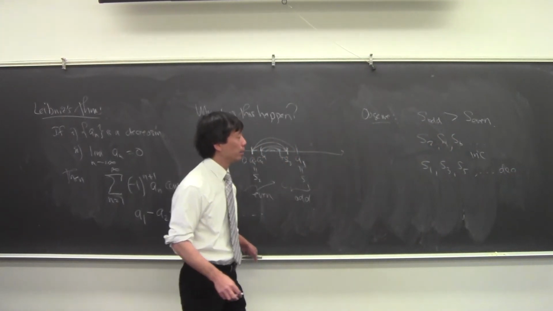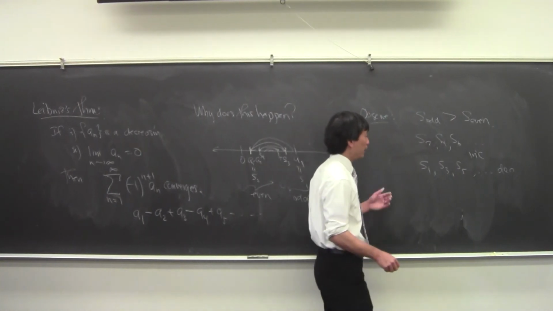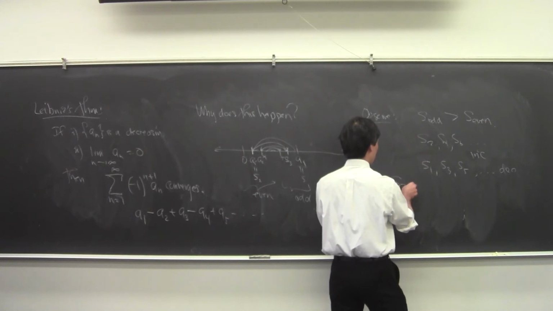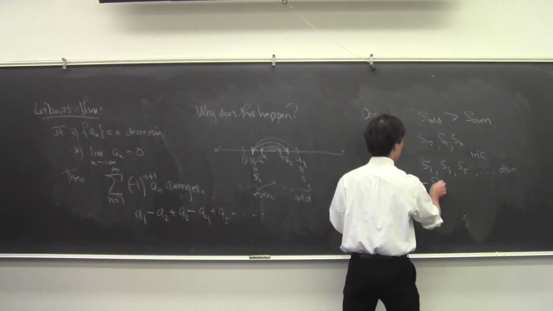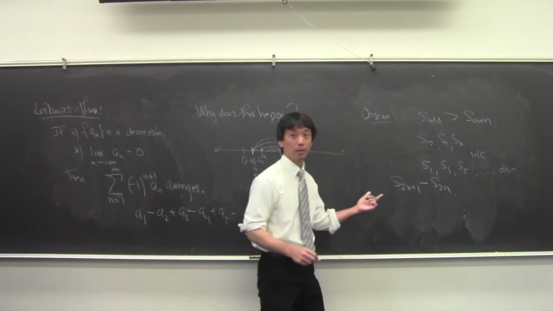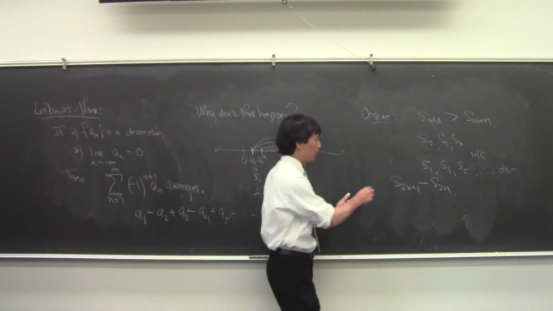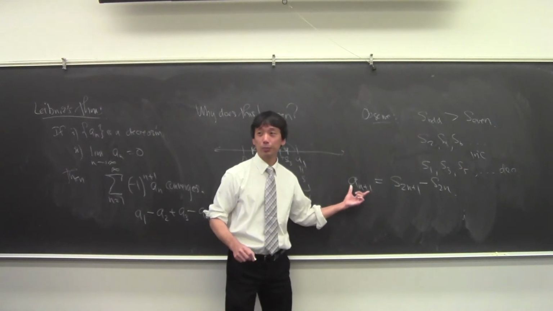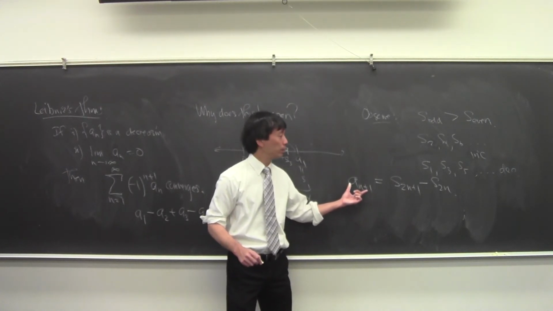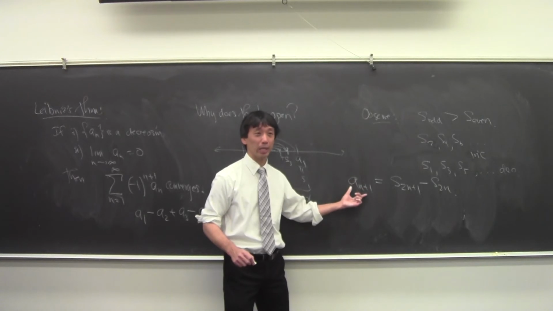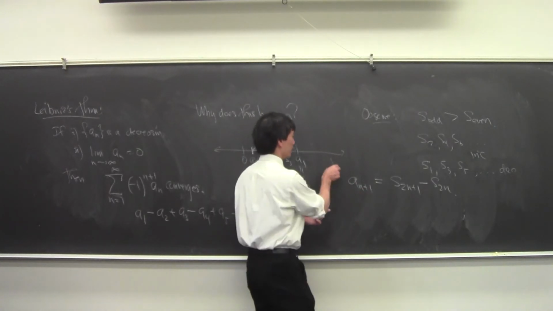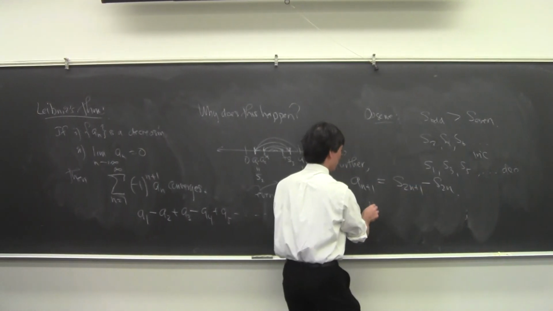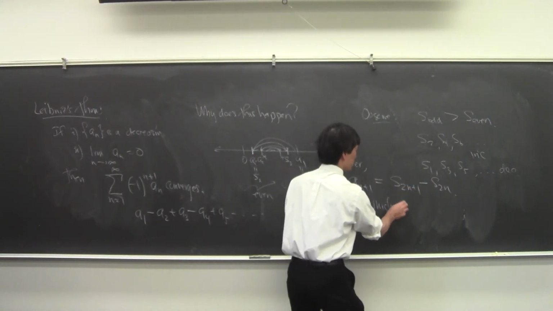And further, if I look at S_{2n+1} minus S_{2n}, the distance between them is going to be the last term, a_{2n+1}. So further, the distance between them goes to 0.